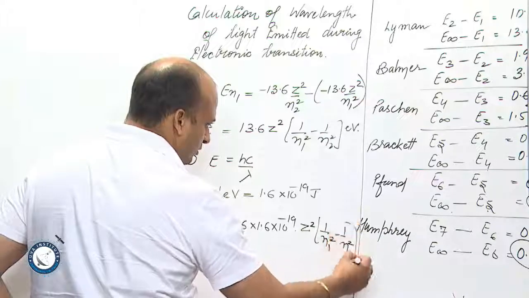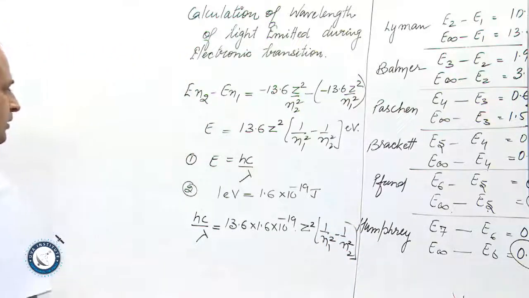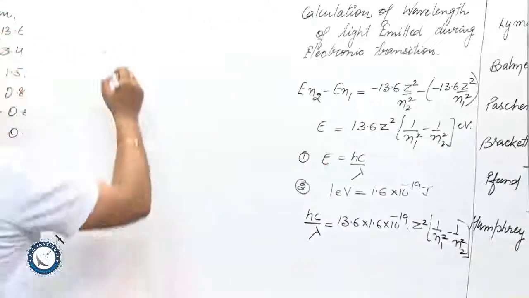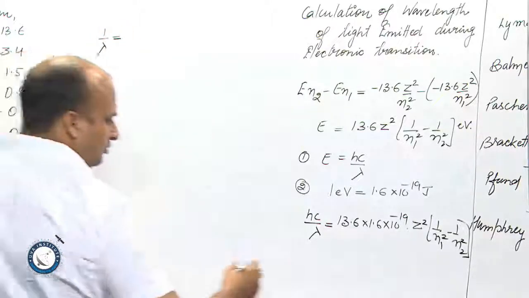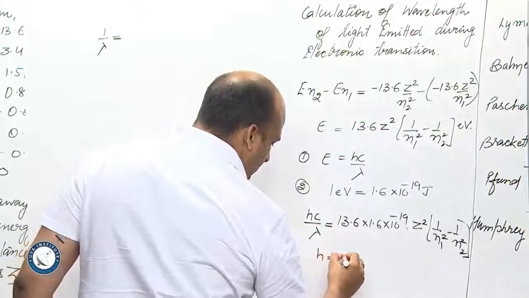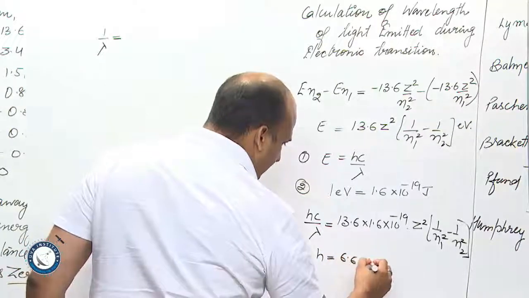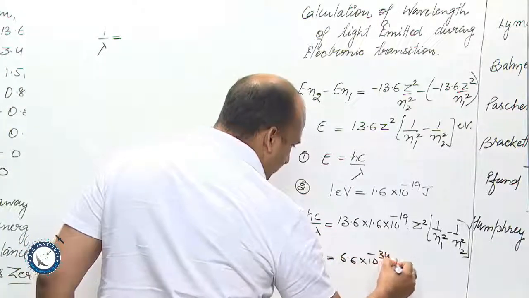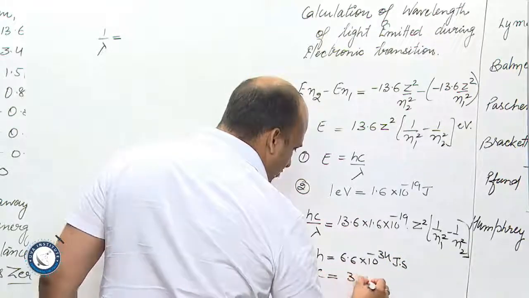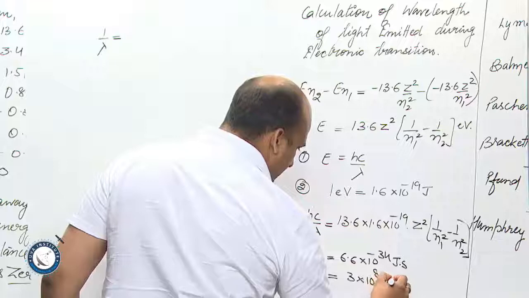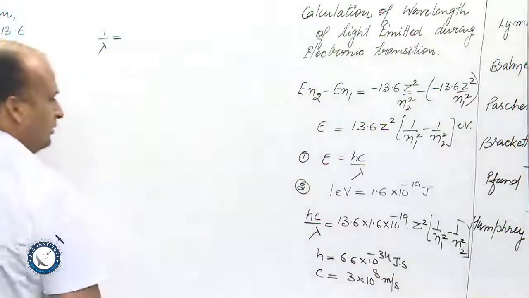Okay? This thing I can write as 1 by lambda is equal to, now the value of h is 6.6 into 10 raised to power minus 34 joule second, and c is 3 into 10 raised to power 8 meter per second. Okay?